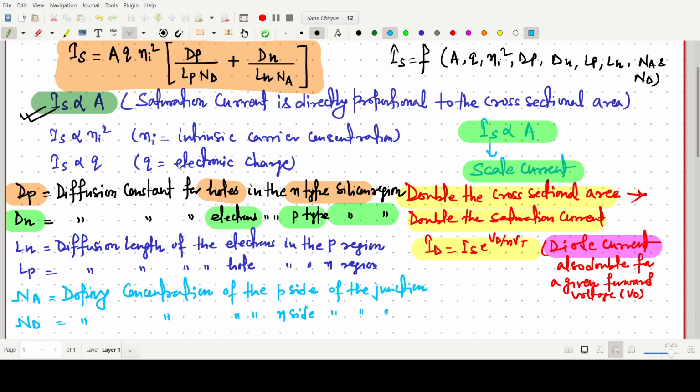No need to discuss further. Basically, Is is proportional to A Q Ni square. Mainly we are focusing on that.